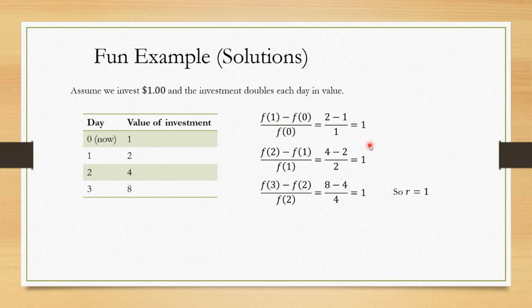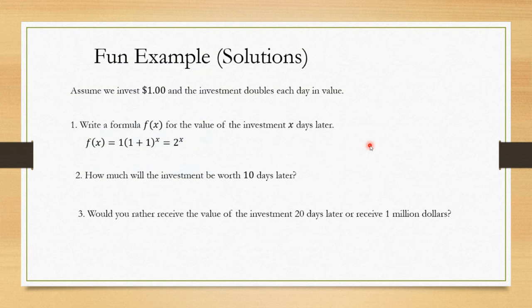So if R is 1, then this is our function. We're investing $1, so the initial value is 1. So we end up getting 2 to the x. It's an exponential function.